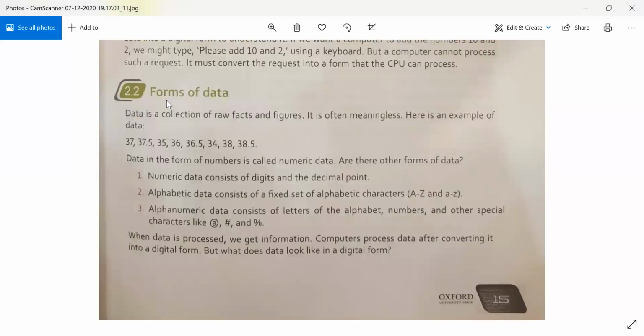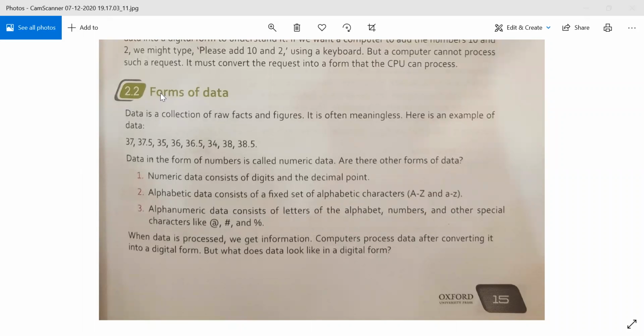Now, forms of data. Data is a collection of raw facts and figures. It is often meaningless. Here is an example of data: 37, 37.5, 35, 36, 36.5, 34, 38, 38.5.